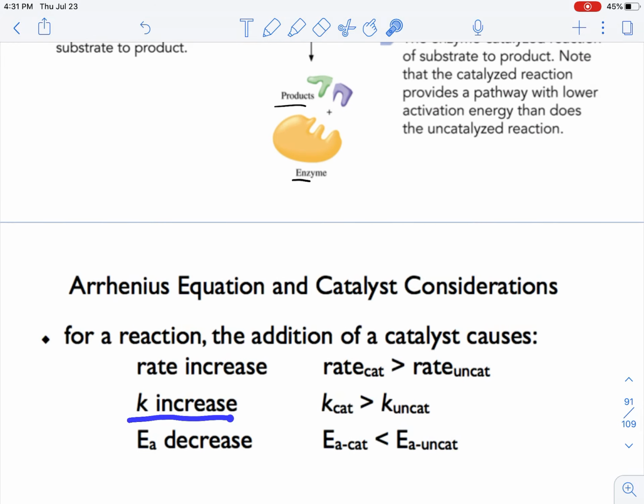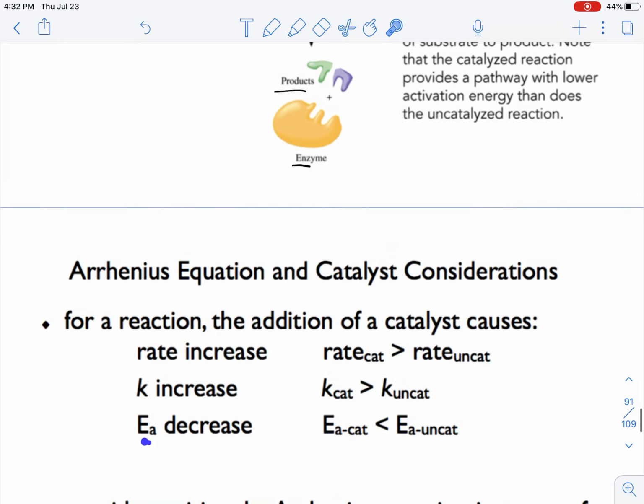The rate constant k is going to increase, so the rate constant for the catalyzed reaction is much greater than the rate constant for the uncatalyzed reaction. And the activation energy for a catalyzed reaction is much less than the activation energy for an uncatalyzed reaction. This is the primary mechanism, if you will, for how catalysts increase the rate of the reaction and thereby increase the rate constant k.